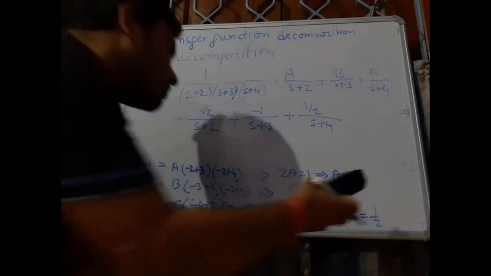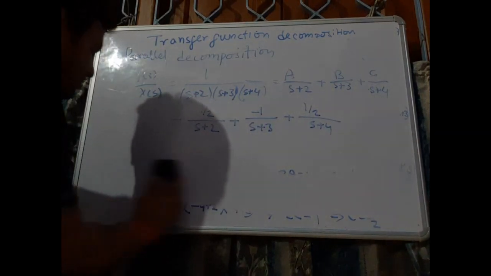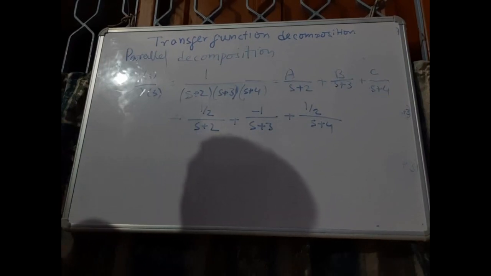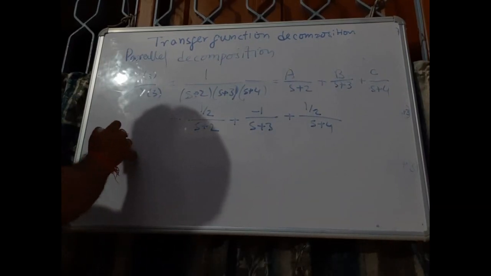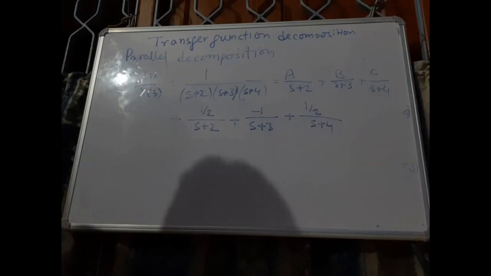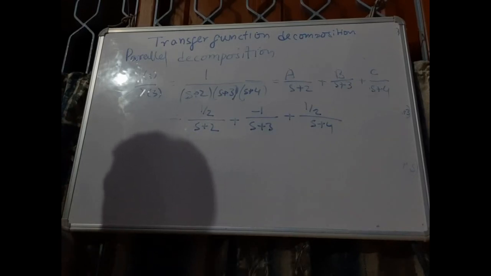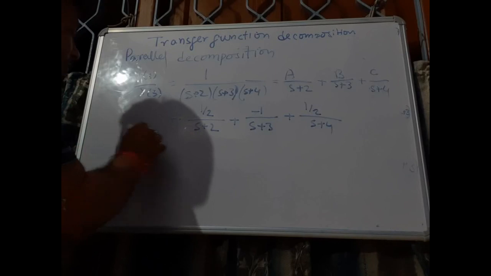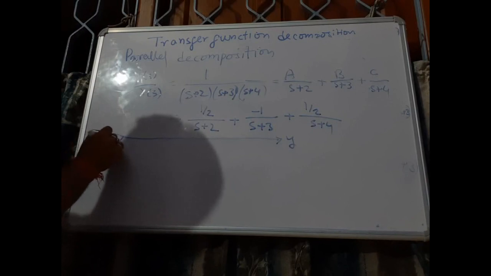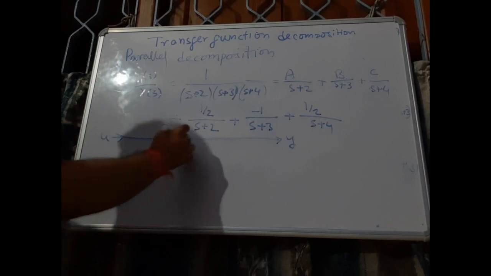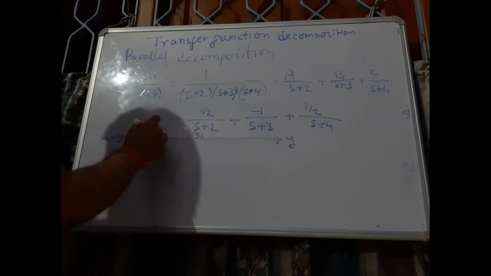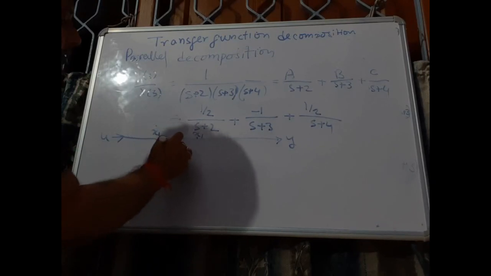For that I need to erase these things. Now what we have, this is y and this is u, right? So just take this as x1 and this is x1 dot, so this will be S inverse, right?